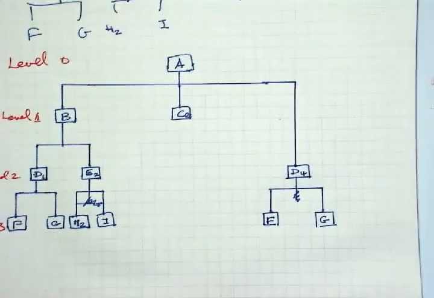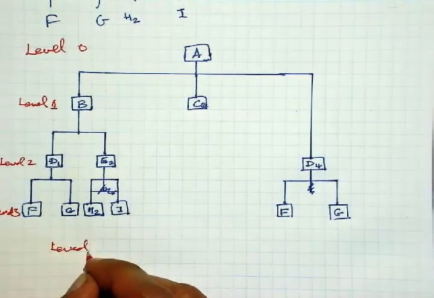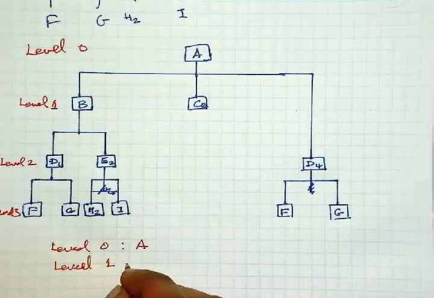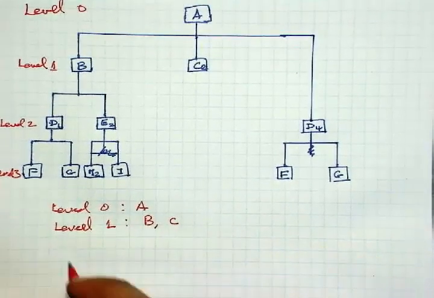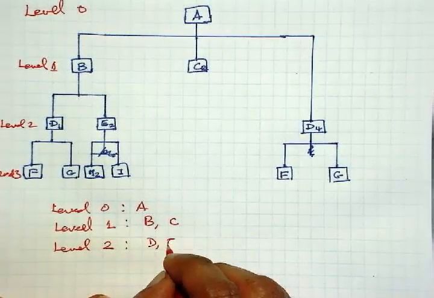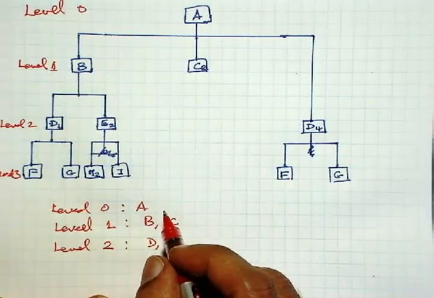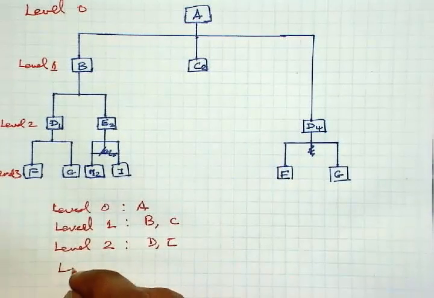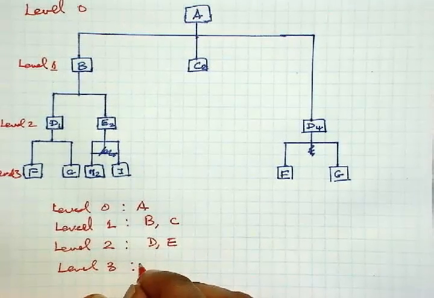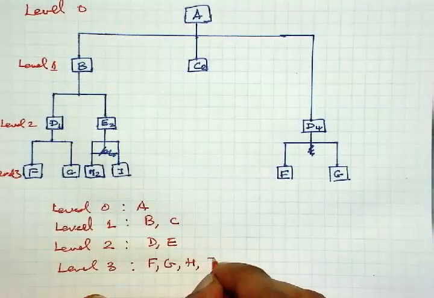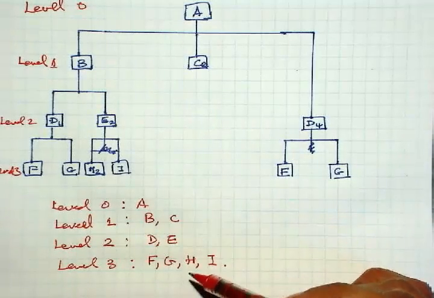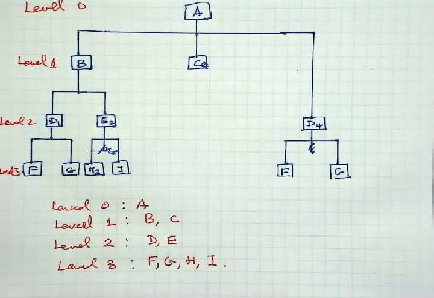So the items in each level are: level 0 is A, level 1 is B and C, level 2 is D and E, and then level 3 is F, G, H and I. So when we do the processing, we need to process in this order. It so happens it is in alphabetical order, and that's just a coincidence.